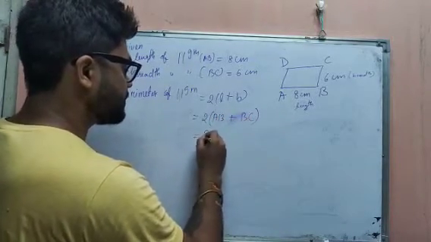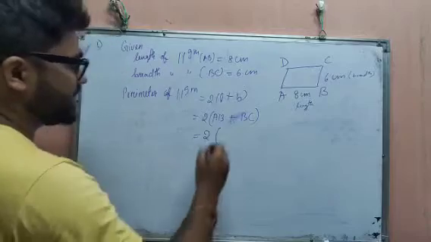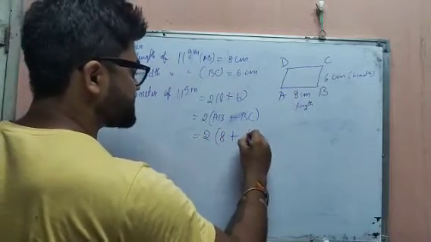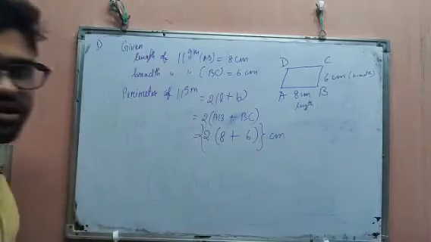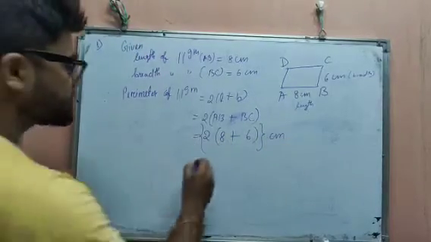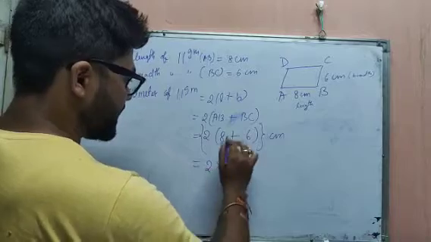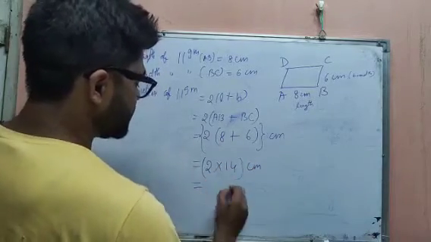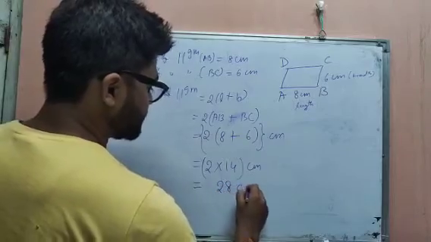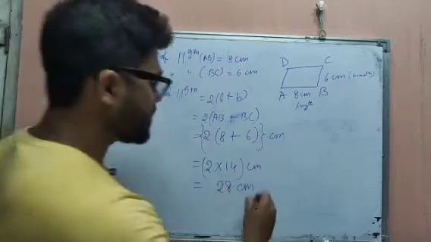So you can write 2 into AB, the AB value is 8, and the BC value is 6. The unit will be centimeter. Always remember the perimeter unit is centimeter. So you will get 2 into 8 plus 6, 2 into 14, which is 28 centimeter, our required answer.